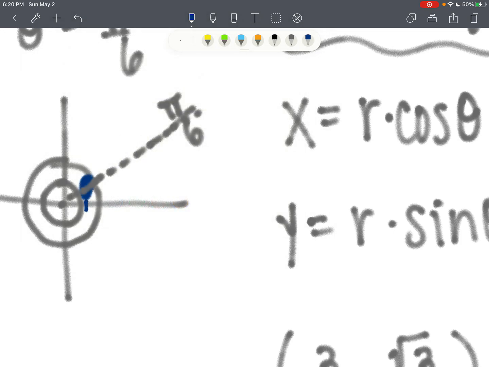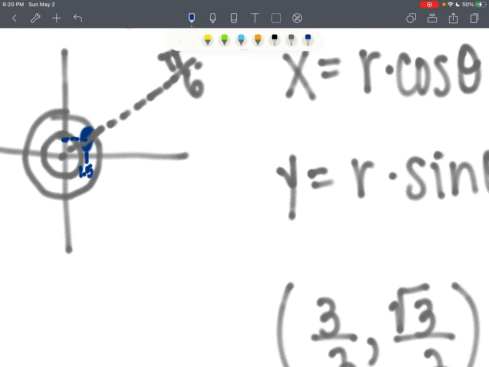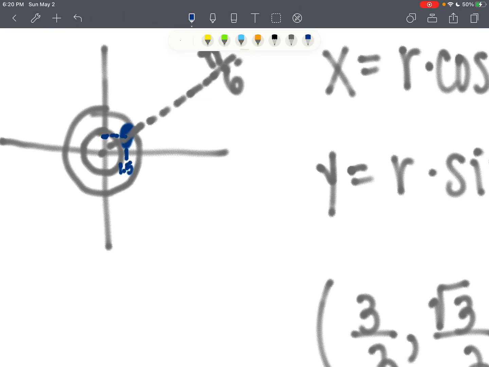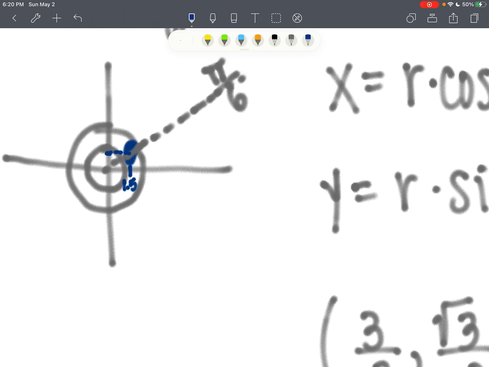This is about 3/2, which is 1.5. And then going up, we've got the square root of 3 over 2. That's going to be about 1.7 divided by 2, about 0.85-ish. So not quite 1. And you can see that point is about 0.8-ish, 0.9-ish, just below the first circle.